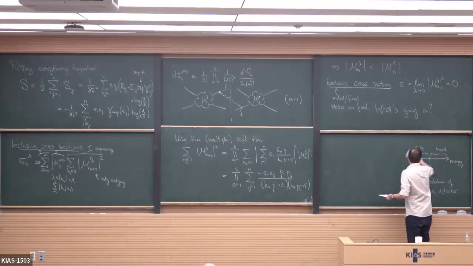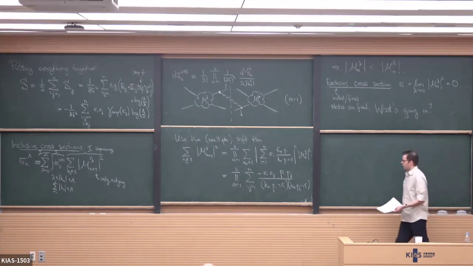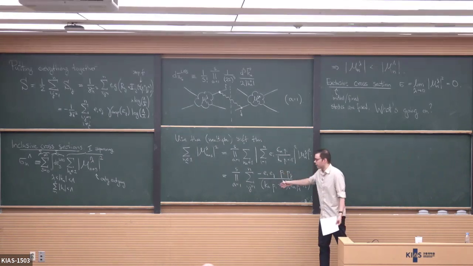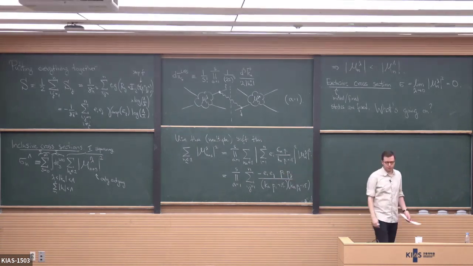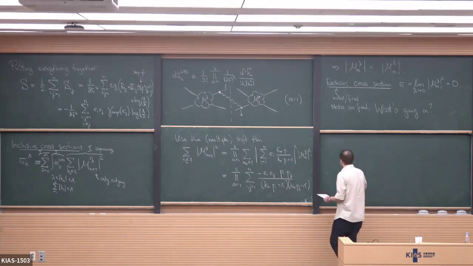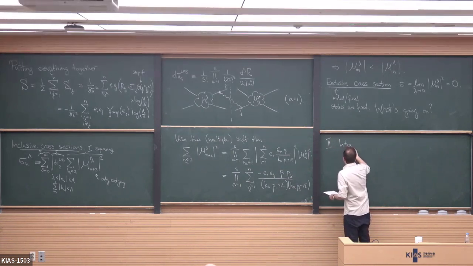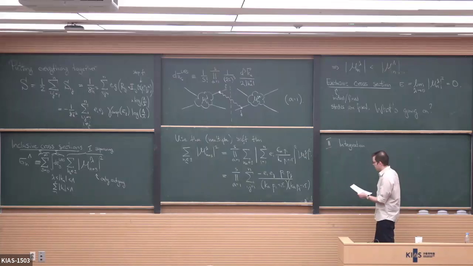So this factor might look extremely reminiscent of the factor that we've seen before when we computed the virtual radiation. In fact, it's exactly the same. So after the little step of the integration, let me just tell you the final answer.